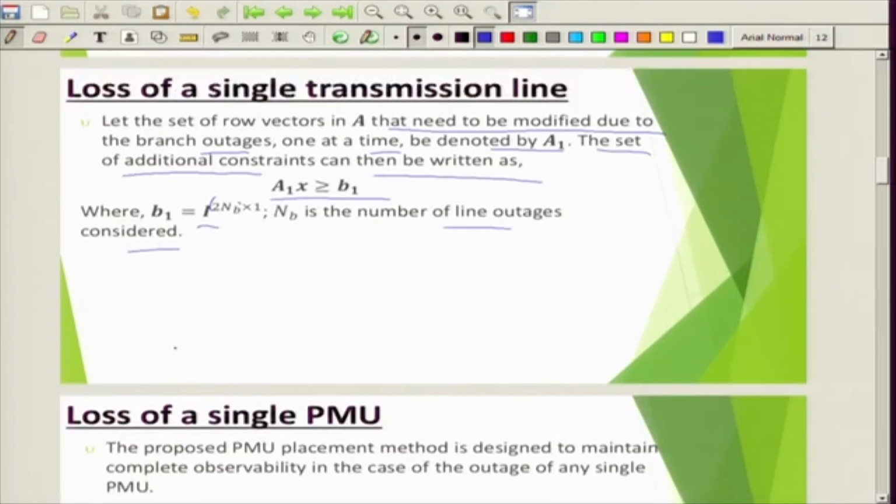It is the size of the identity matrix, so the entry is 1. In such an outage, with the new modified matrix A1, we could see that at least some minimum observability is there.